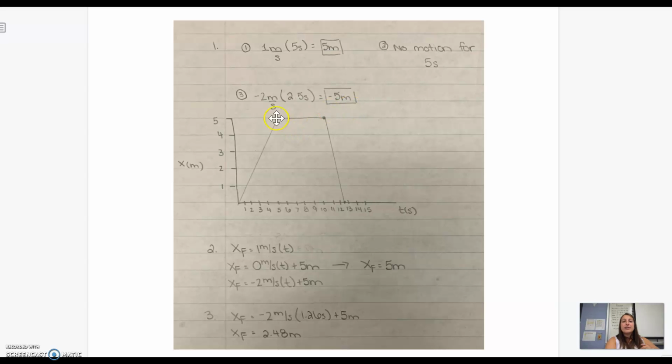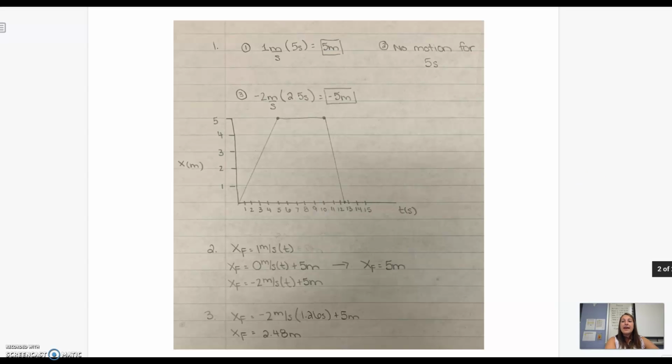Knowing these values, I can then plot them on the position versus time graph. If I start at 0, 0, I know that by 5 seconds I need to get to 5 meters, then I don't move, and then I head back towards the reference point. That's what that -5 is indicating, and I do so quicker than section 1, so we should see that steeper slope.